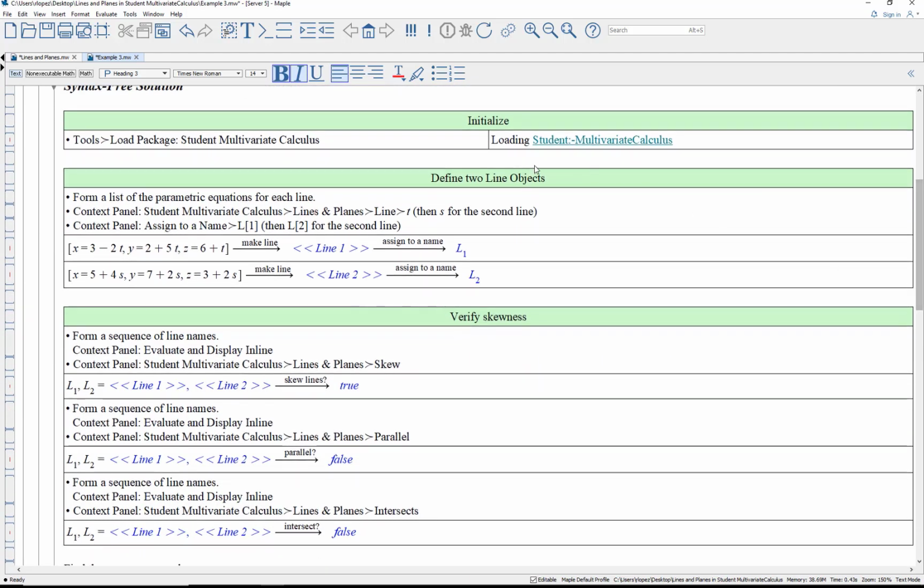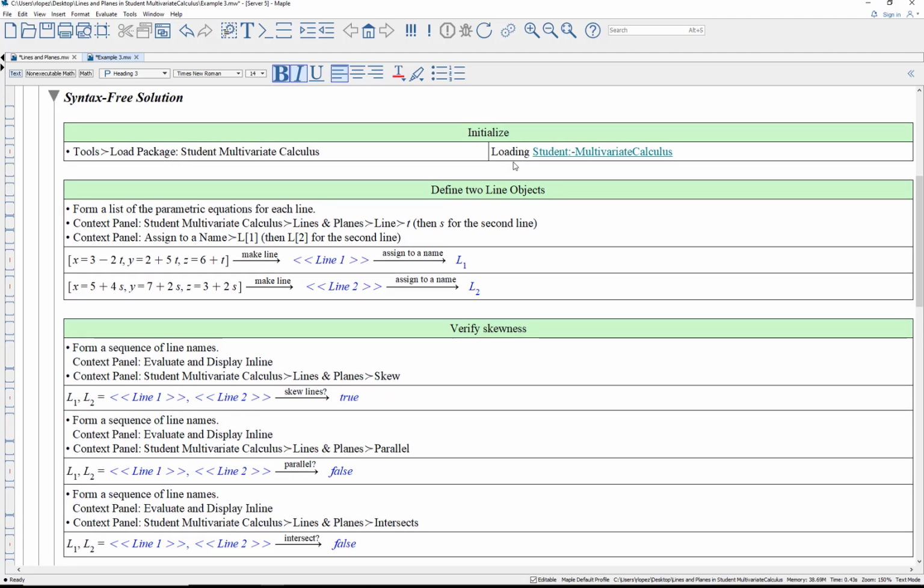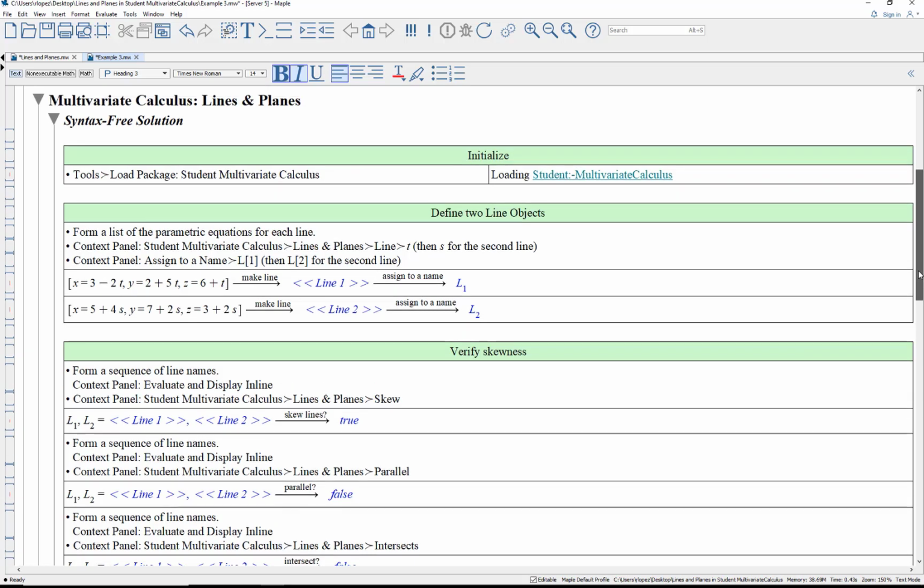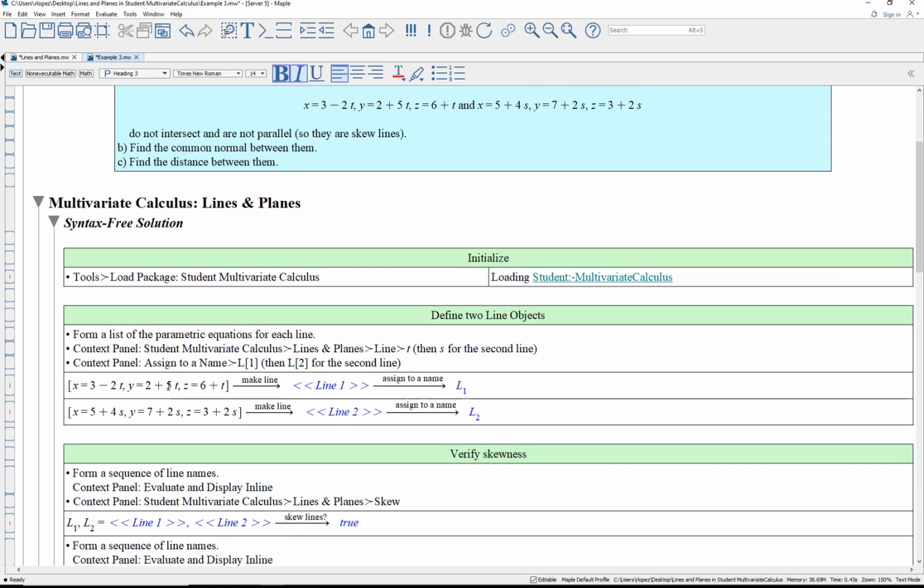So again, we load the Student Multivariate Calculus package. Now, the lines are given parametrically, so make a list of those three equations and apply the make line operation from the context panel and give it the name.